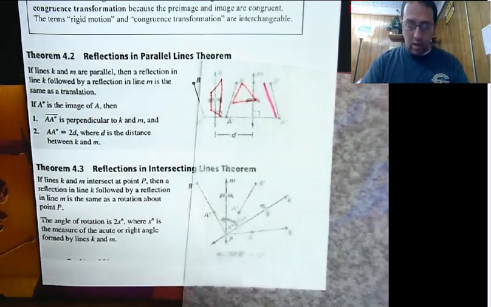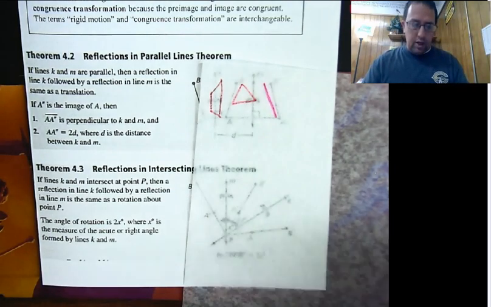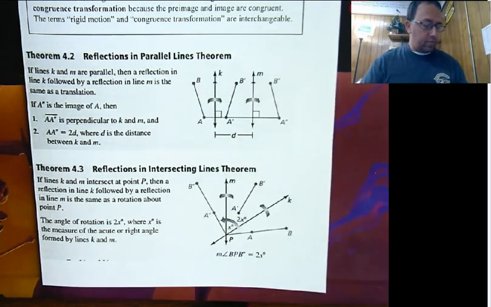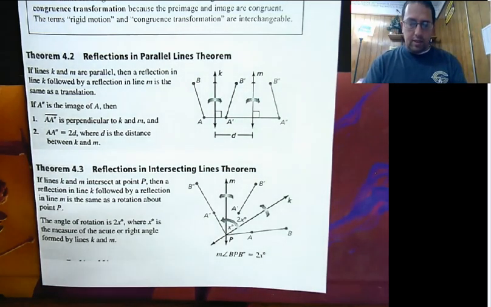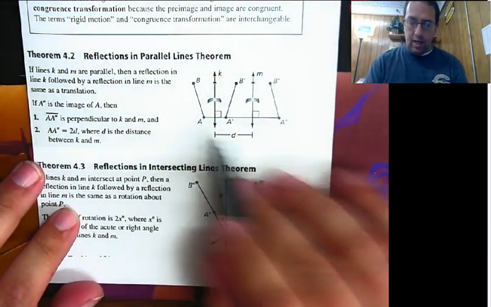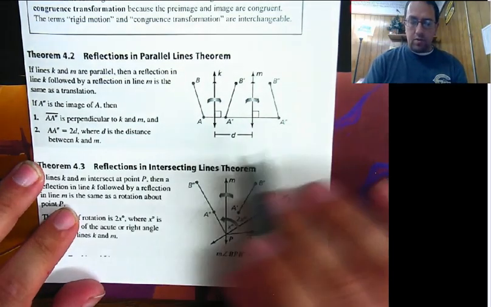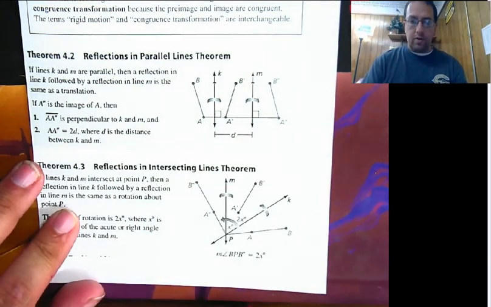There it is. All right, now there's a couple of things about this. Number one, the segment A A prime is going to be perpendicular to both of the parallel lines.